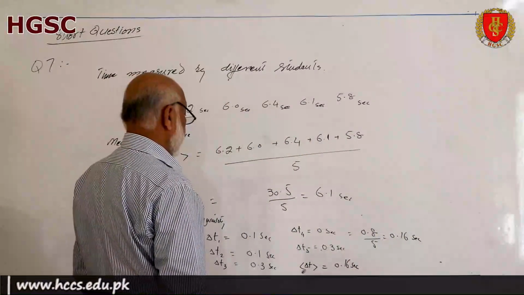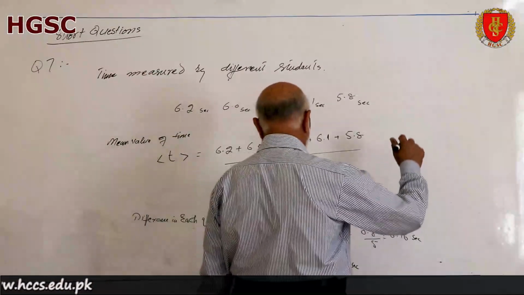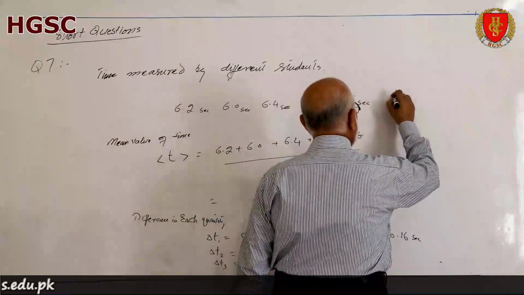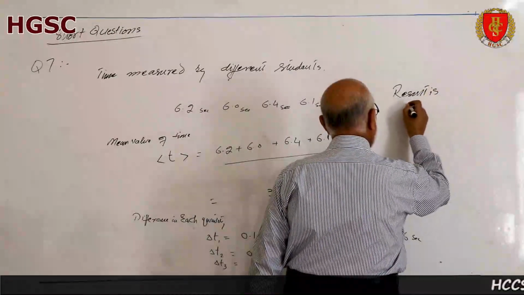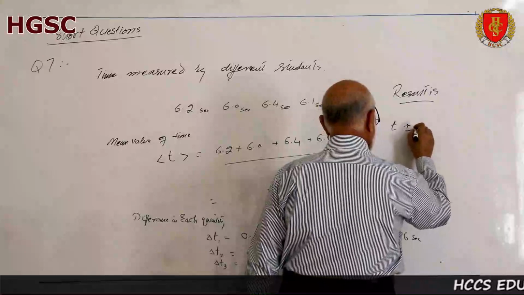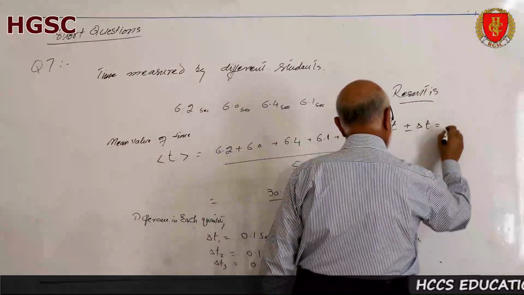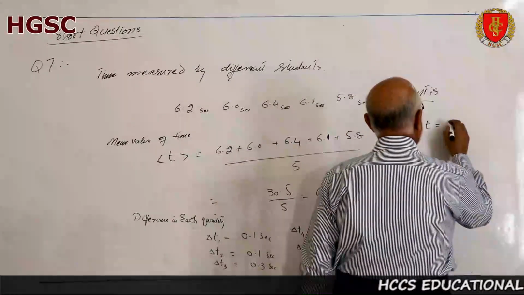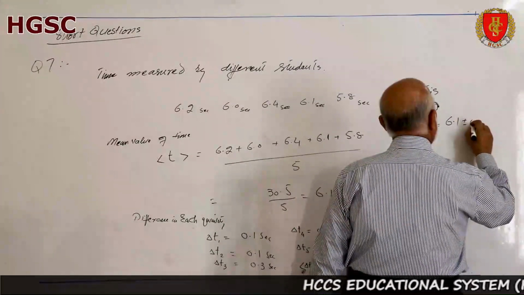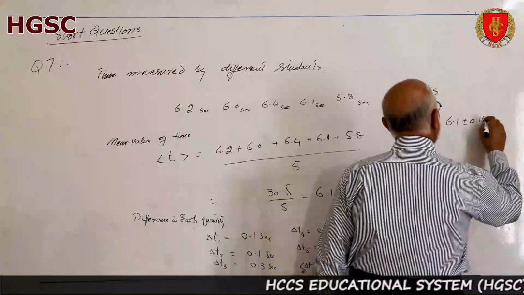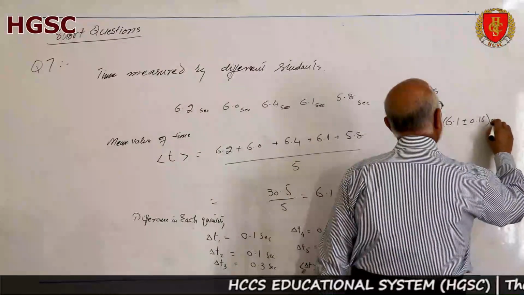So the result is T plus minus delta T is equal to 6.1 plus minus 0.16 seconds.